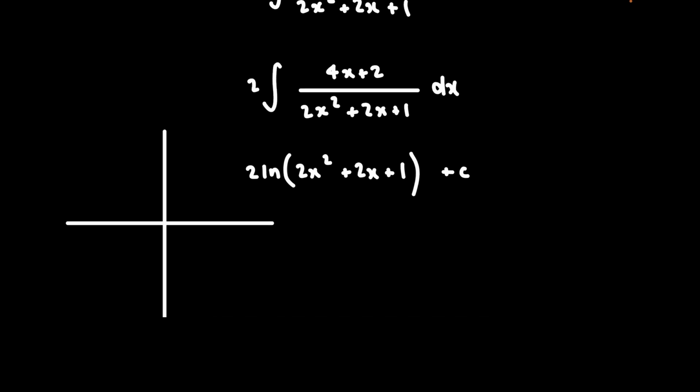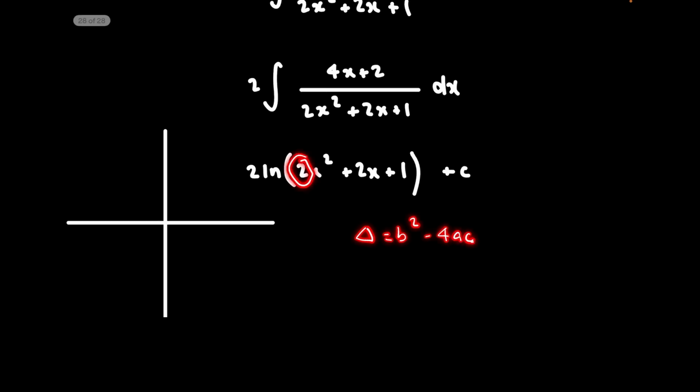we can see that, first off, the discriminant of this function, the discriminant, is b squared minus 4ac, where in this case the value of a is 2, the value of b is 2, and the value of c is 1. So if I were to work out the discriminant, this would be 2 squared, 4, minus 4 times 2 times 1.